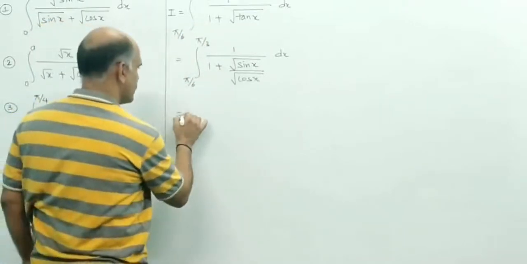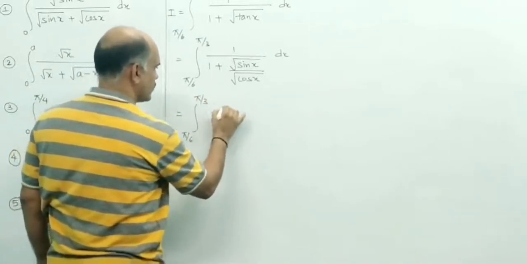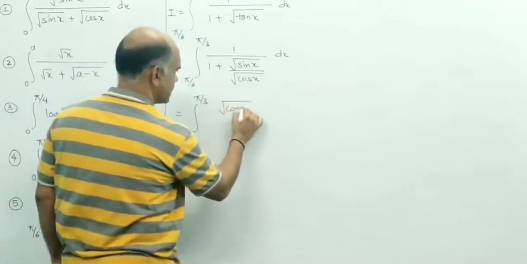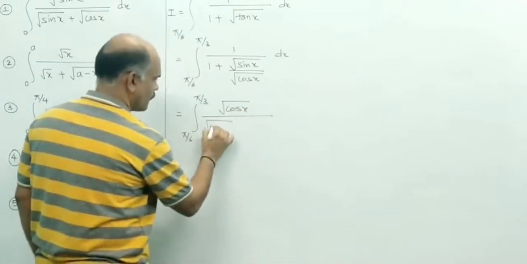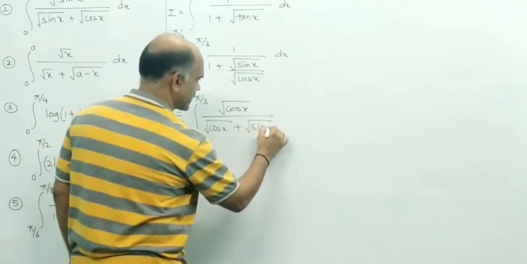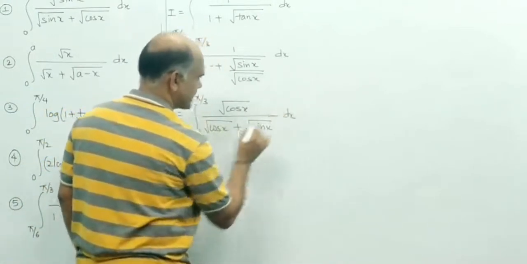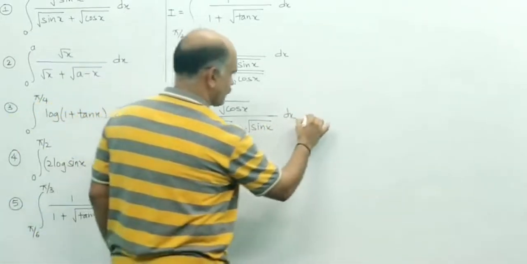So you'll have the integral from pi by 6 to pi by 3 of root of cos x divided by root of cos x plus root of sin x dx. This I will take as equation 1.